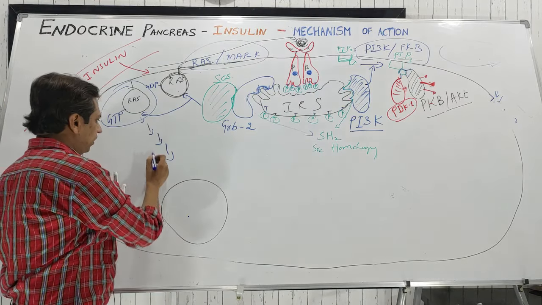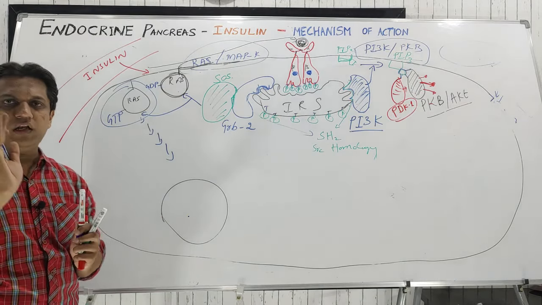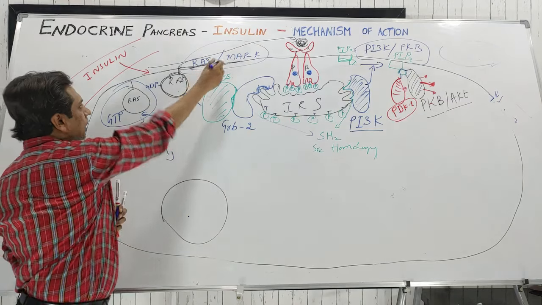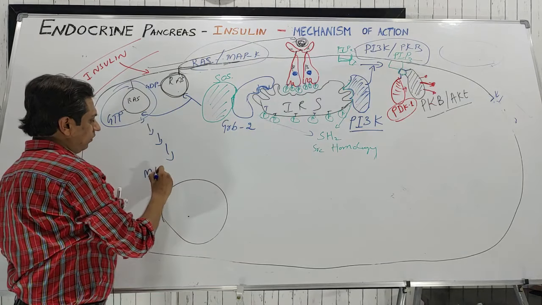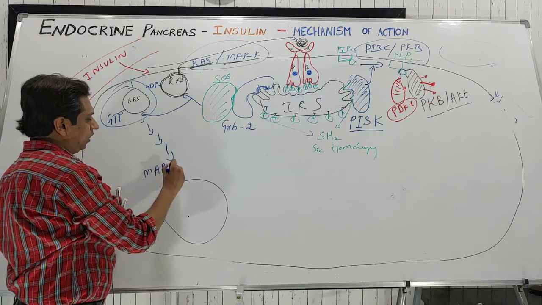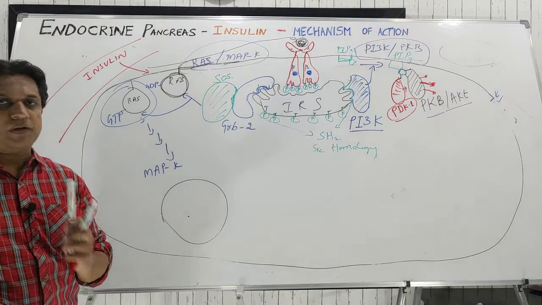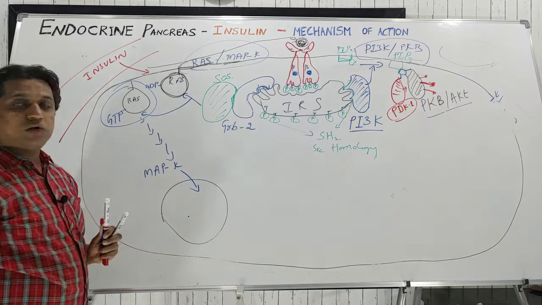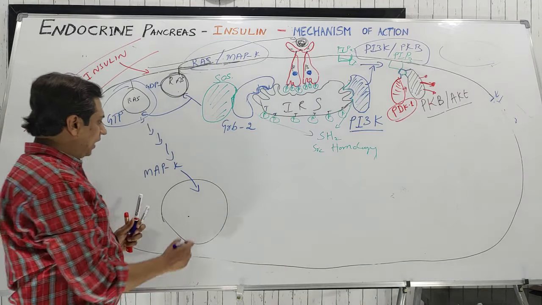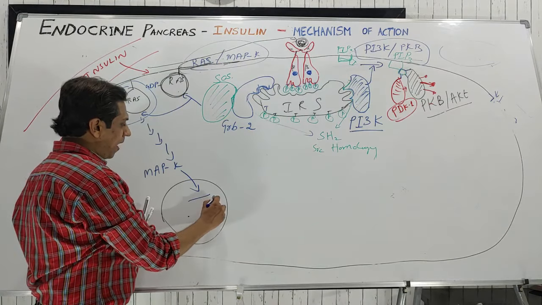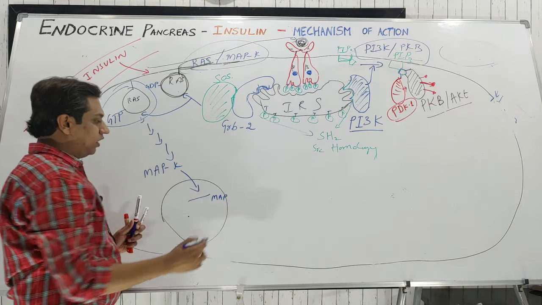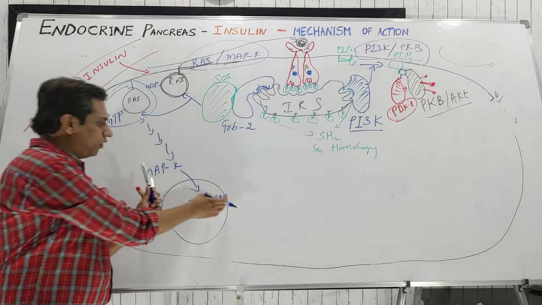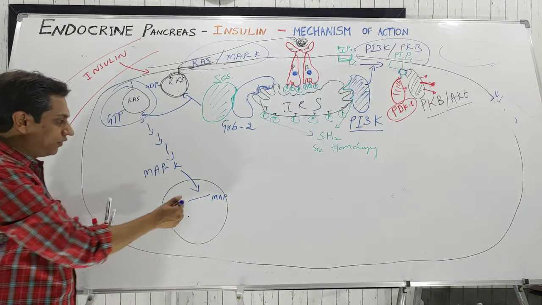Many proteins and intermediate enzymes take part, and ultimately there is activation of mitogen activated protein kinase, MAP kinase. This MAP kinase will enter into the nucleus and activate the MAP protein, the mitogen activating protein. It's a family of proteins, basically growth factors.